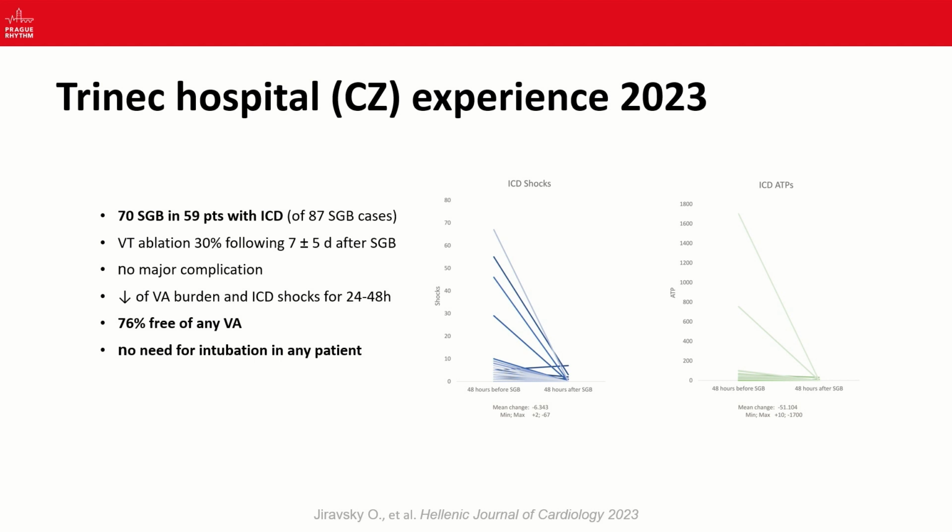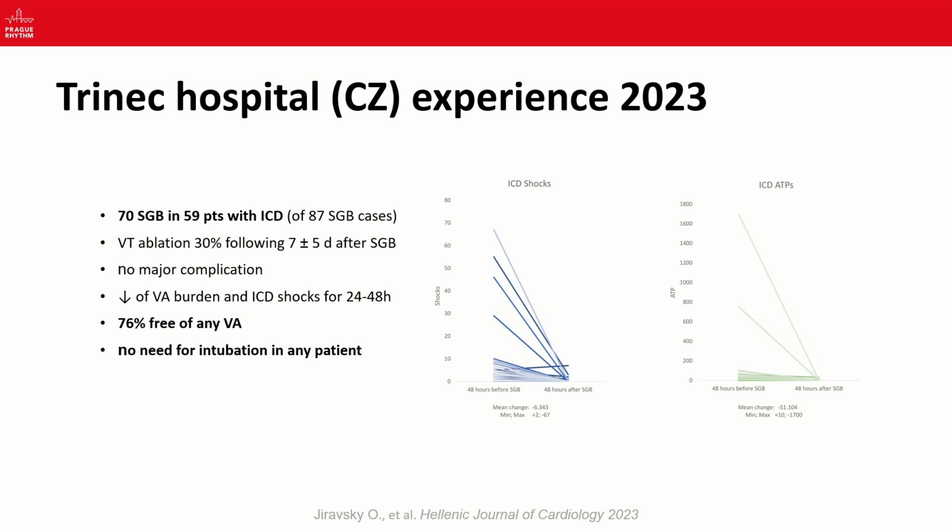A very interesting paper came from our colleagues from the Třinec Hospital here in the Czech Republic. They reported on 70 procedures performed in 59 patients, all of whom had an ICD. Therefore, it enabled precise calculation of all the VT episodes. And in this series, 30% of the patients underwent subsequent VT ablation.